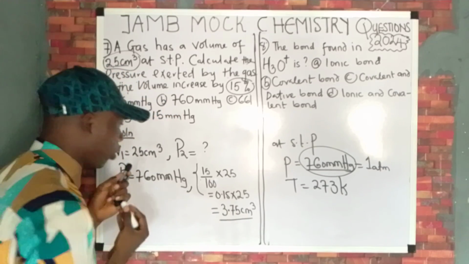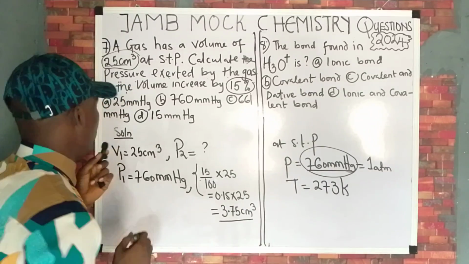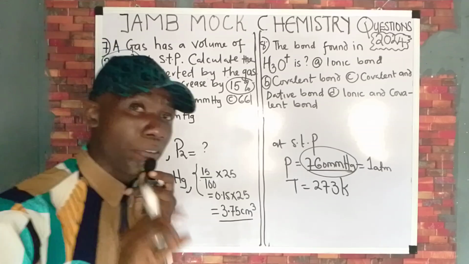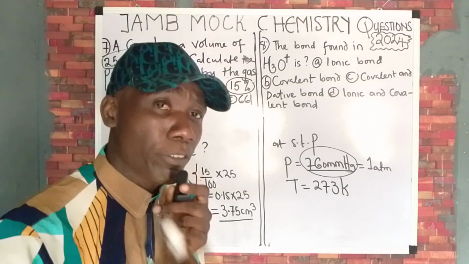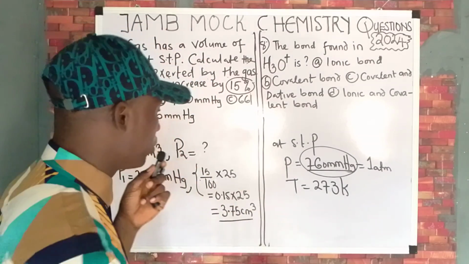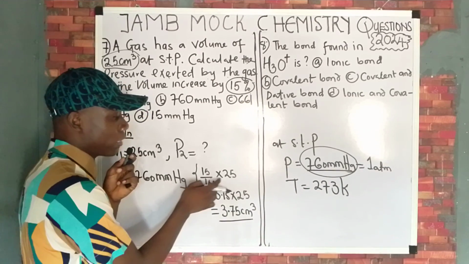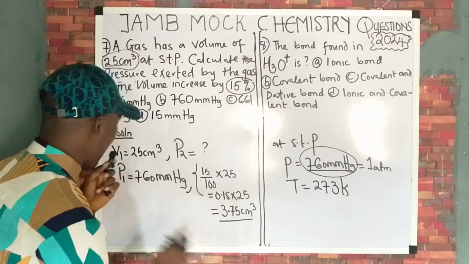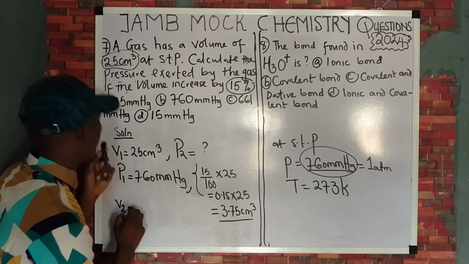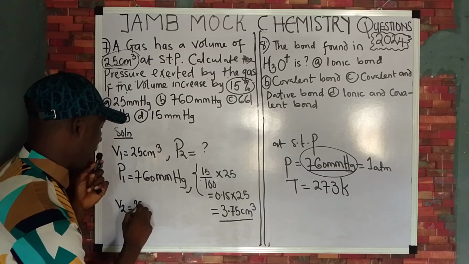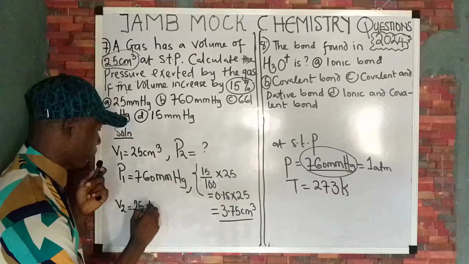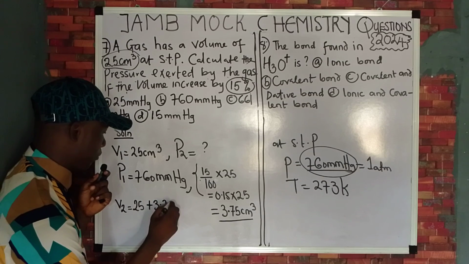So what will now become our V2? Remember, V1 is 25 cm³, and the volume increased by 15%. So we take 15% of 25 by doing 15 over 100 times 25, and that gave us this. Now our V2 will be 25, which was the initial volume, plus the increased value, 3.75.